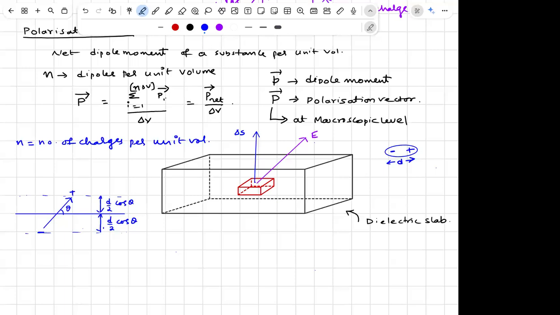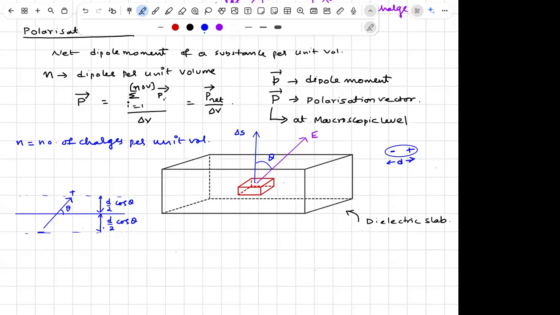I am not giving anything between delta S and E. I'm just telling you that on the surface, the molecules are orienting like this. This angle is theta. Is this okay now? Clear? Any doubt, boys and girls?